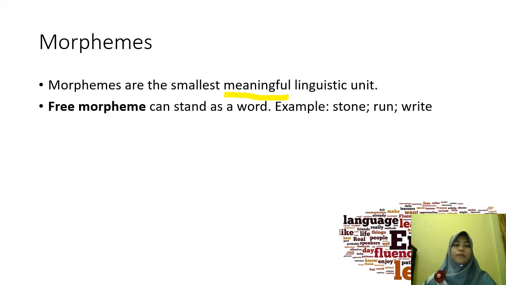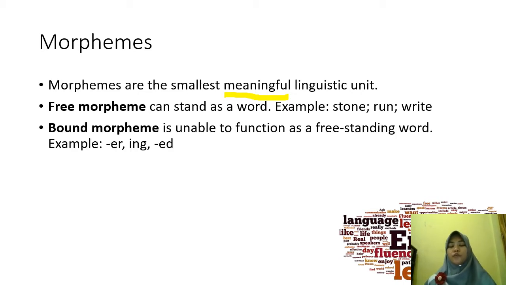Morphemes are divided into two. The first one is free morphemes, which can stand as a word. Yeah, so it can stand alone as a word. For example, stone, run, write, and the others. And the next one is bound morphemes, which are unable to function as freestanding words.